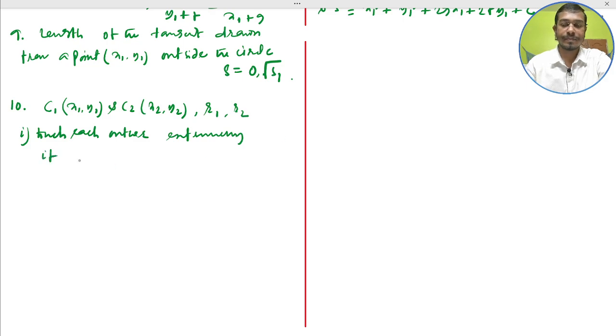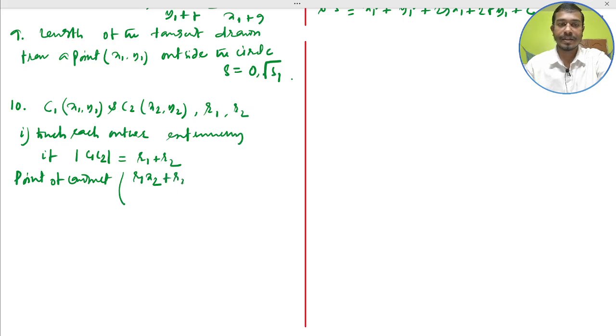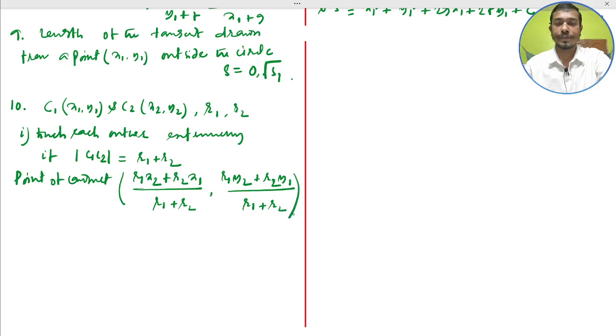If the condition, the mod of C1C2 is equal to r1 plus r2. This is the condition, and the point of contact is r1 x2 plus r2 x1 divided by r1 plus r2 and r1 y2 plus r2 y1 divided by r1 plus r2.